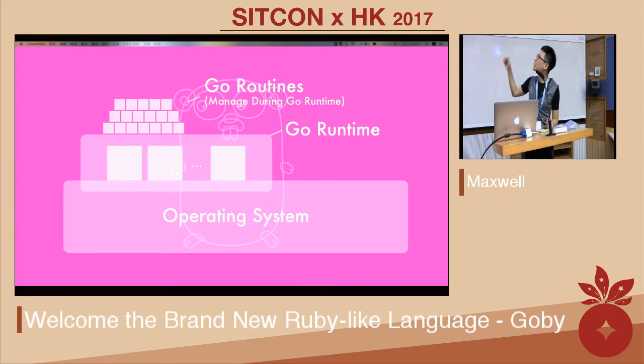However, Go routines don't need to interact at the operating system's level. They are just set up and torn down within the Go runtime. So you can see that the Go program simulates some concepts like the operating system's thread.